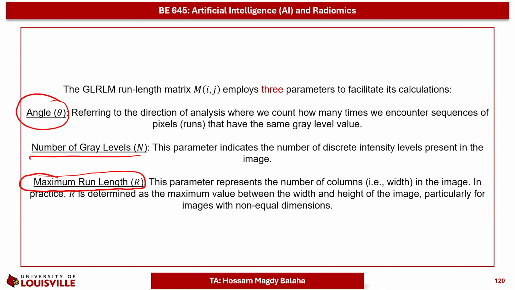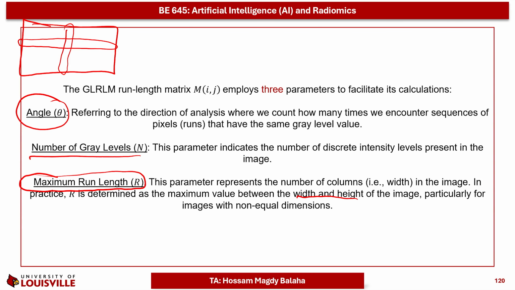So to determine the R value, we can take the maximum between width and height, because the maximum run will be all of the width or all of the height. If the width and the height are the same, it will not make a difference.